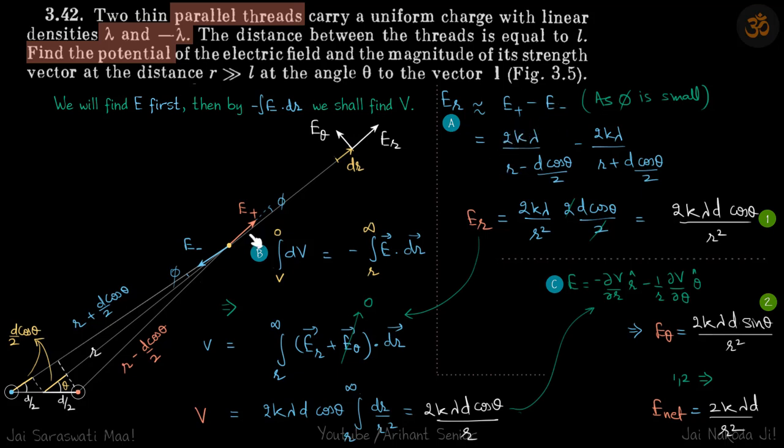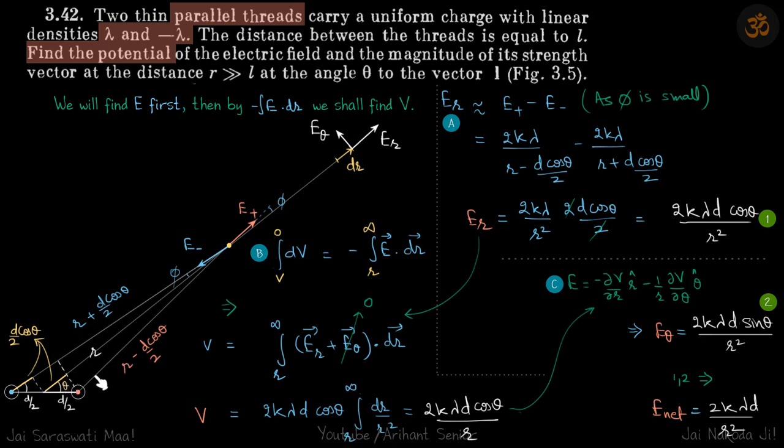Now E plus, due to the positive charge, it is 2k lambda by r, and r is r minus d cos theta by 2. See, if this distance is d between the charges, then this distance is d by 2. And if you drop a perpendicular from here on this, you can see that if this is r, then this is less than r by this amount, and this amount is d by 2 cos theta.